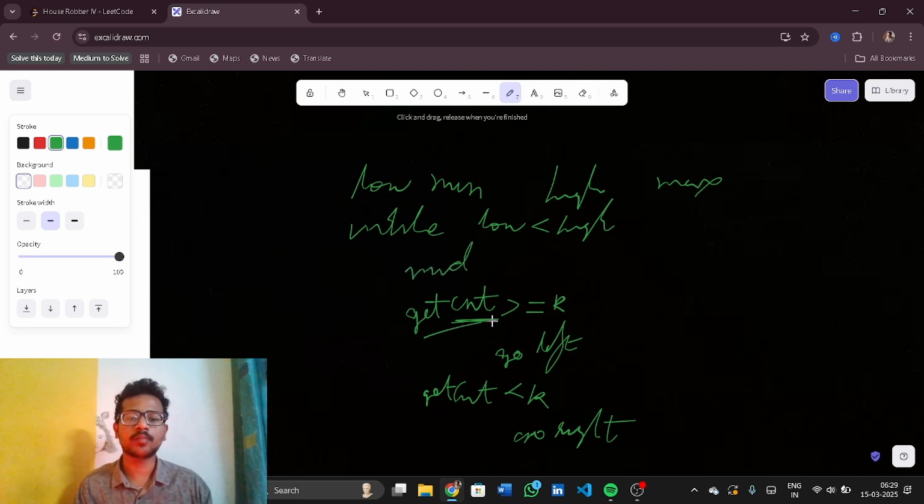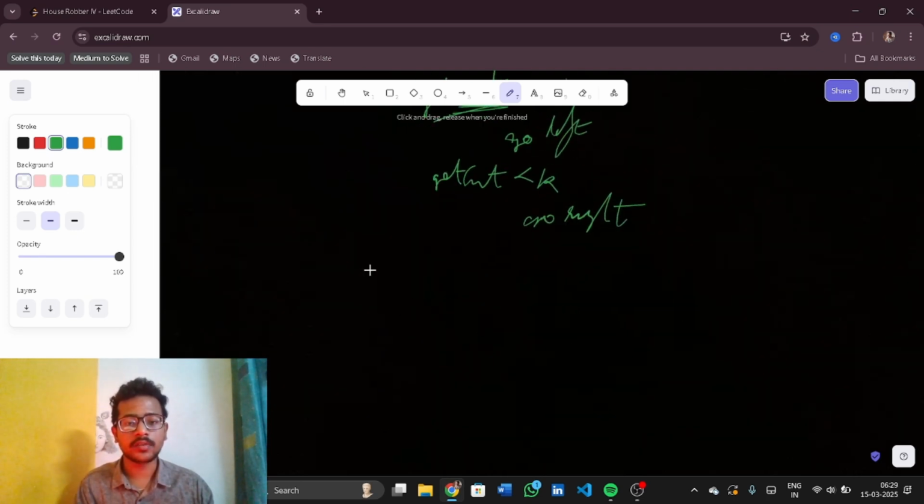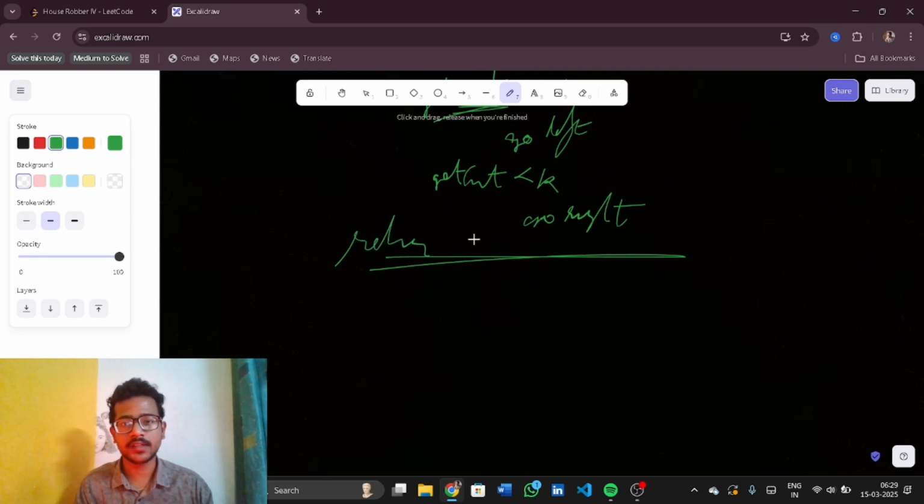But at this point, I am calling the get count function. I'll also write this get count function, but before that, this binary search function will return the lowest value.